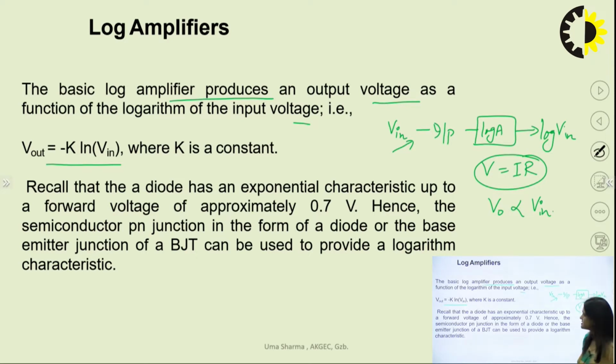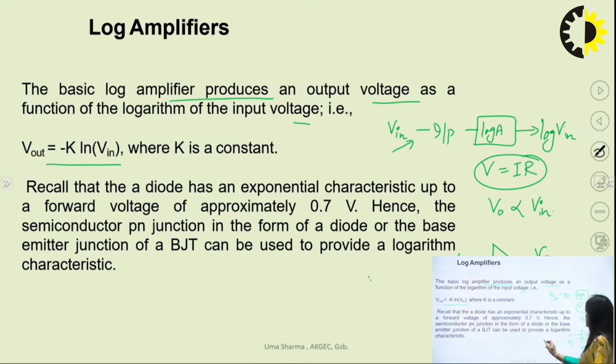Now the question is how we can implement the log amplifier using an operational amplifier, because an op-amp is a linear device. As you are already aware, if I pass signals V1 and V2 to an op-amp, then at the output I get A multiplied by V2 minus V1, where A is the gain of the op-amp.